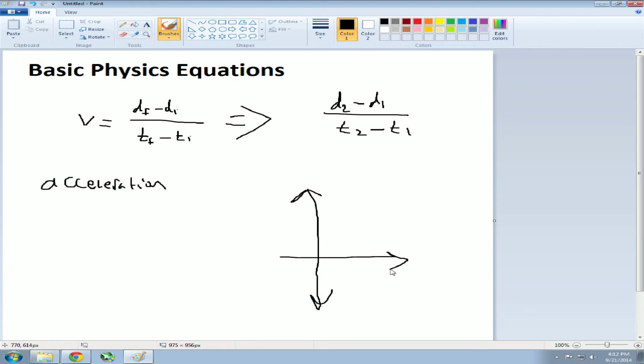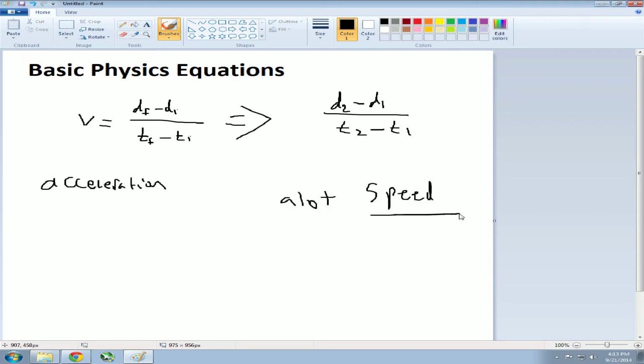Like if a car has a lot of acceleration, it gets really fast, really fast. It's kind of funny. So that means that acceleration is good. What this means is that it has a lot of speed in a short amount of time, which makes sense, right? So that means that acceleration is equal to the speed over time.